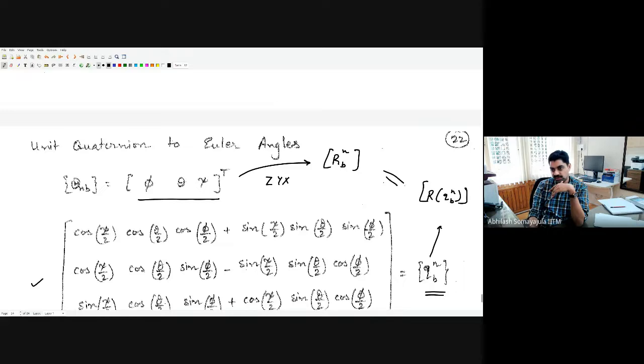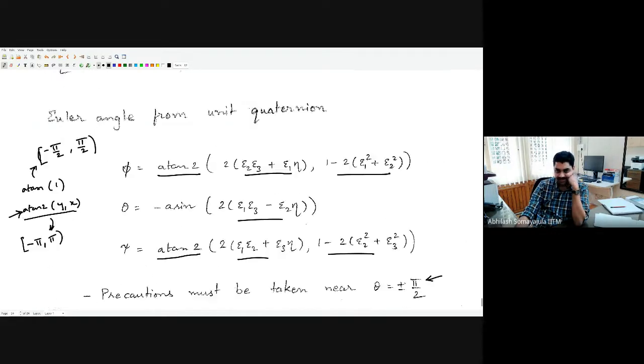These two will be equal, right? And that will give you these expressions for these different values of the quaternions from the Euler angles. The same process applies for the other way around also. You look at the rotation matrix and see which are the terms which are giving you phi, theta, and psi. That is where you will get it.